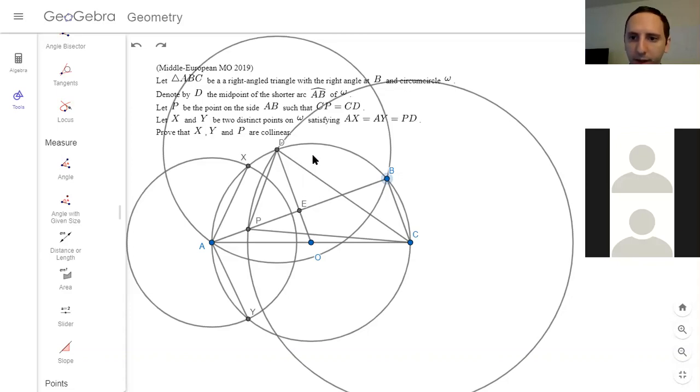Maybe it's obvious. BA squared minus PD squared equals PD squared minus PA squared. Is that obvious? Maybe it's just the Pythagorean theorem. I'm not sure.